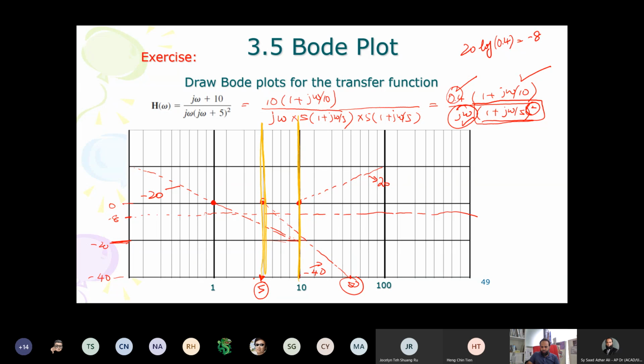Okay, in the beginning we have -8 and -20 dB per decade.